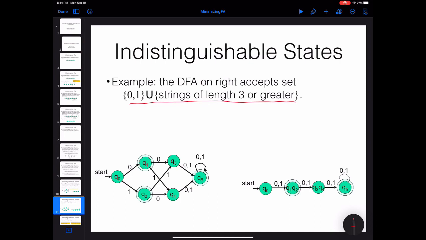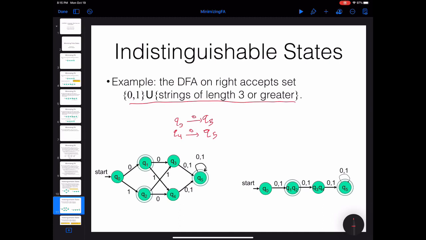So let's look at another pair, Q3 and Q4. Both of them are non-accepting, right? If I am at Q3, over a 0, I'm going to Q5. From Q4 over a 0, I'm going to Q5 again.